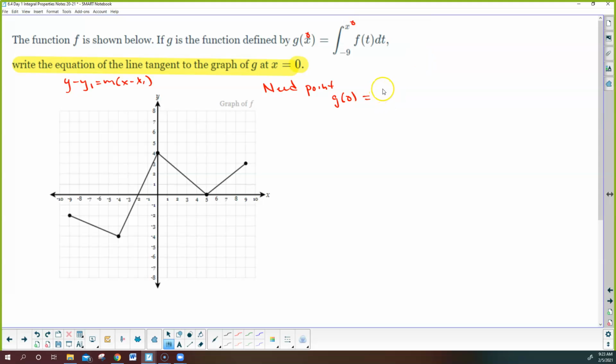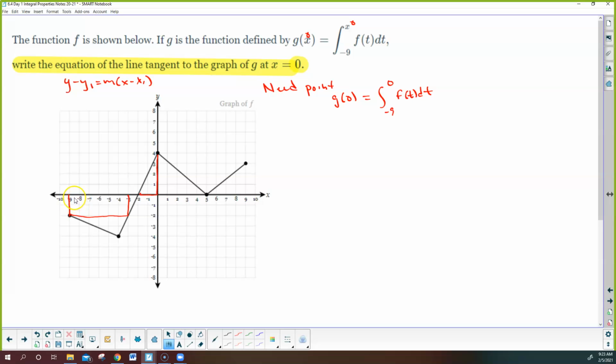So g of 0 is really the area under the curve from -9 to 0. So here's -9, here's 0. Then we're just going to find the area underneath these curves. However, this is kind of split up. I've got to find the area of each little piece because I need to split it up into familiar pieces.